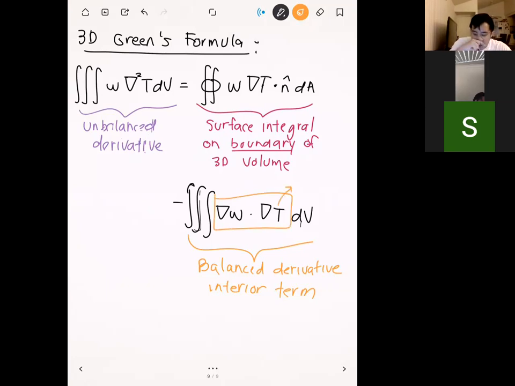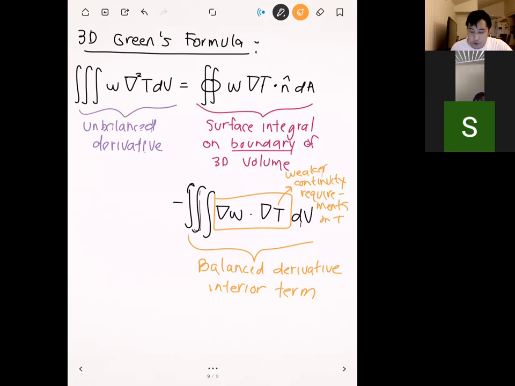What this means is that we're going to have weaker continuity requirements on T. And so when we assume a form of the solution, that gives us a lot more freedom to choose something like a linear function, which is going to be a lot easier to evaluate.